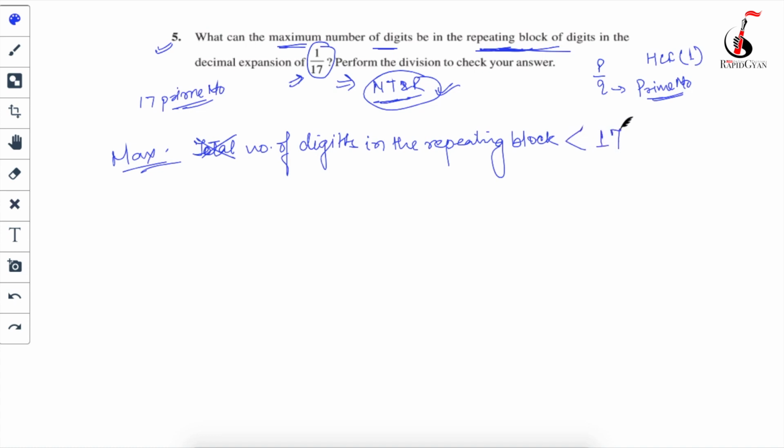So what's the maximum number? The maximum number will be 16. It doesn't mean that you will get exactly 16. It might be possible that you will get 14, 15, like this, but the maximum number is 16. You cannot have more than 16.